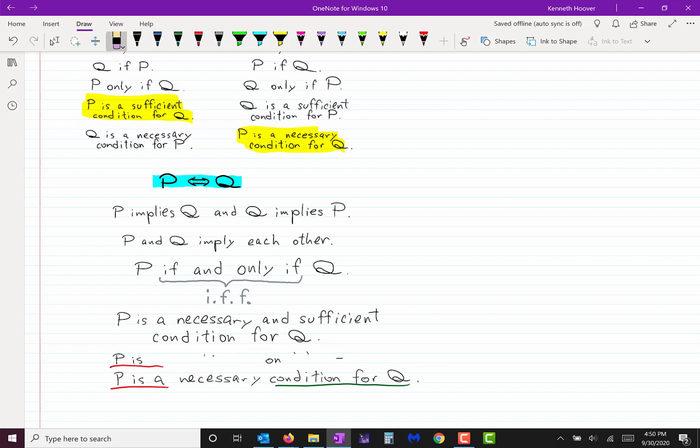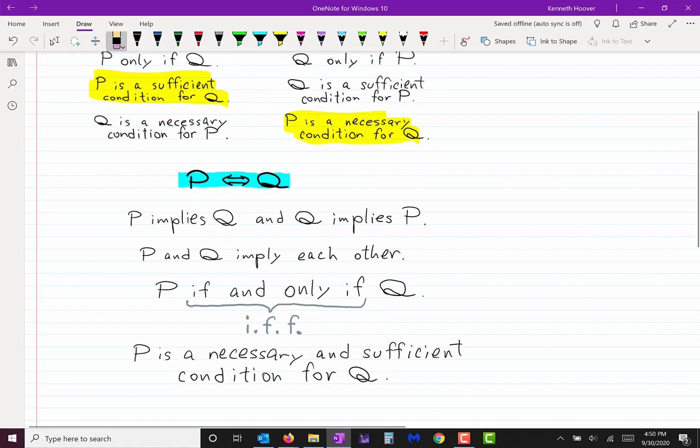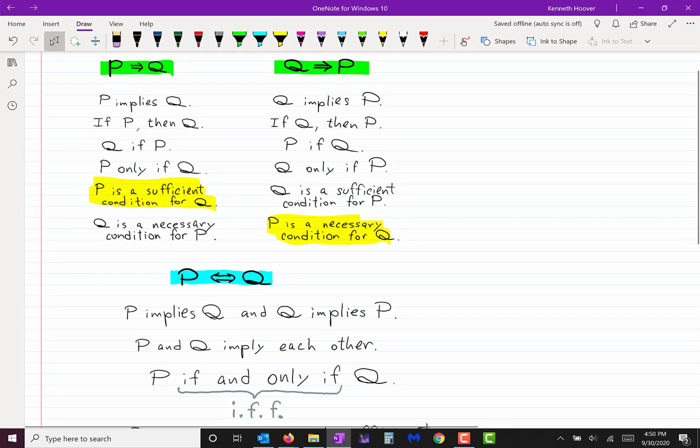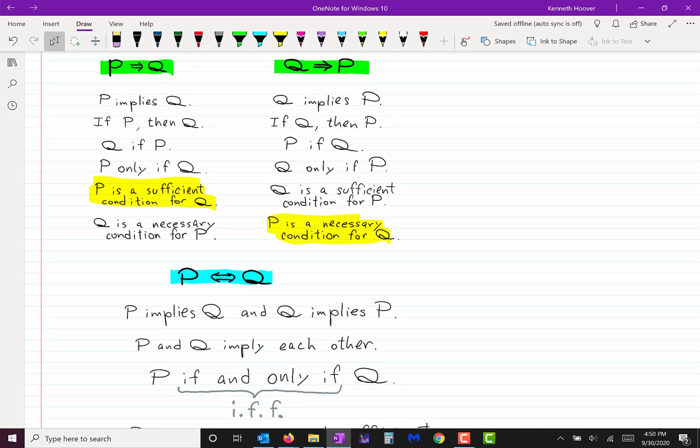So there's 4 different common ways of reading a biconditional. Okay, so you have conditionals, which can often be translated in 6 different ways. There are others. We could come up with 100 different ways if we want, but these 6 are the common ways of reading a conditional statement.